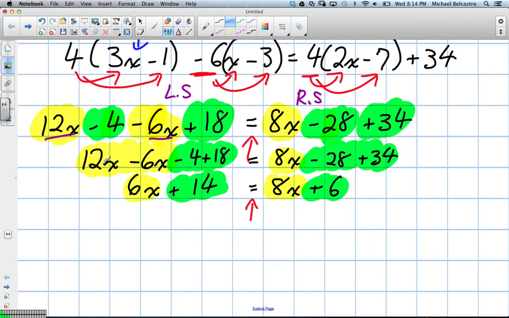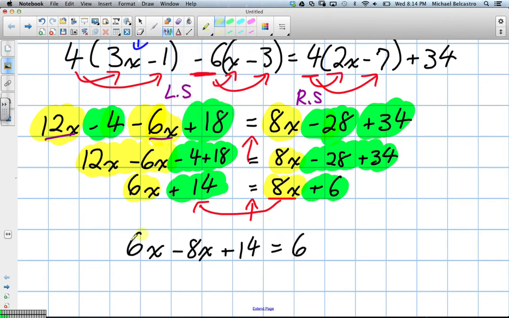Let's get all of the x's on one side, so all of the yellow on one side, and all of the green on another. So what I'm going to do is move my 8x over. When I move it over, what will it become? Negative 8x. So we get negative 8x plus 14 is equal to 6 on this side. So those are like terms.